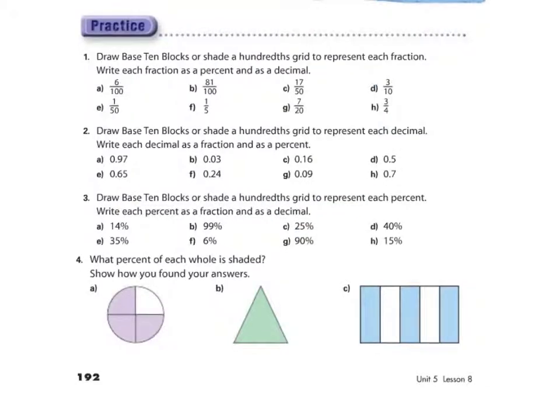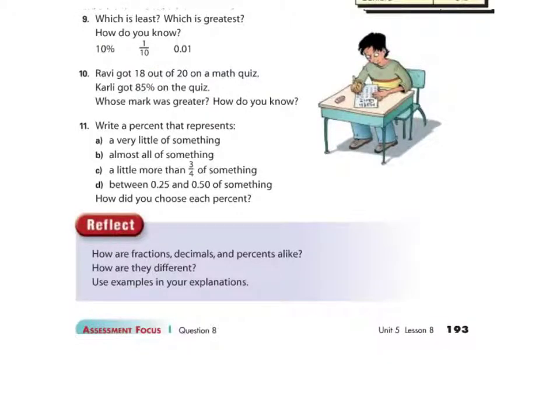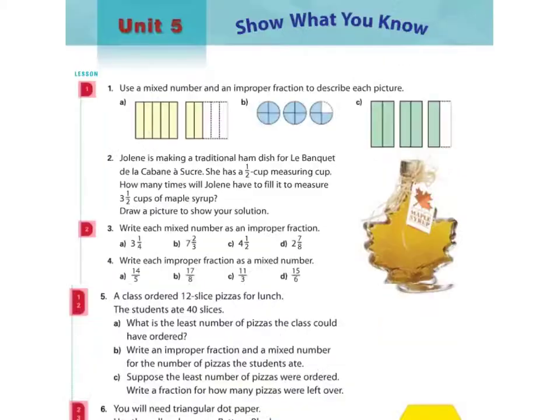Again, for those of you that end up forgetting your textbook, here we have 5 to 10, 9 to 11, and the reflect section. And then we are at the end of our unit, so we are moving on to the show what you know.